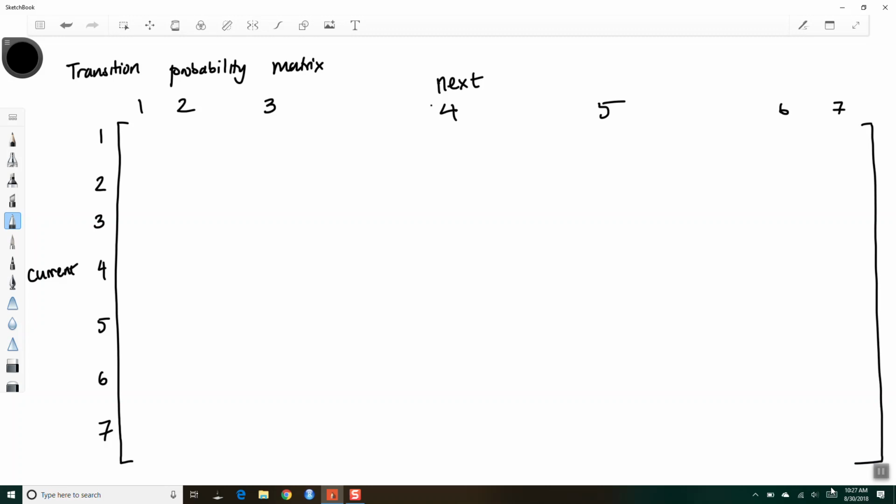If we're at island 4, is there any chance that we will end up at island 1 on the next turn? No, right? So from island 4 going to island 1 has a probability of 0. What about island 4 going to island 2? Also probability 0. Island 4 going to island 6 has probability 0, and island 4 to island 7 has probability 0.